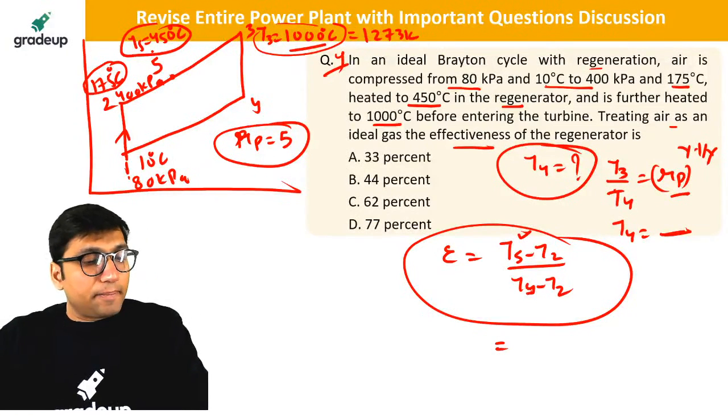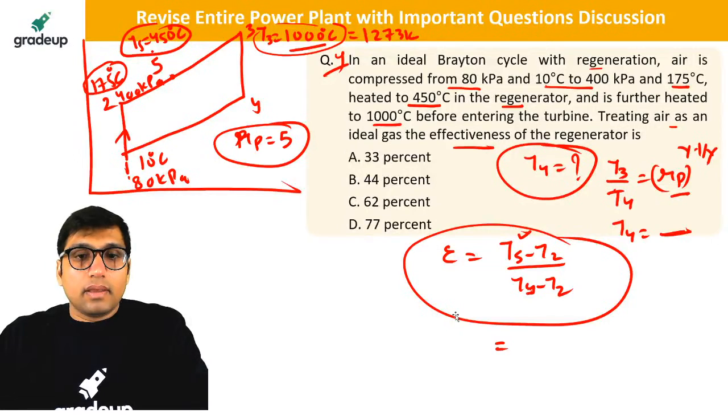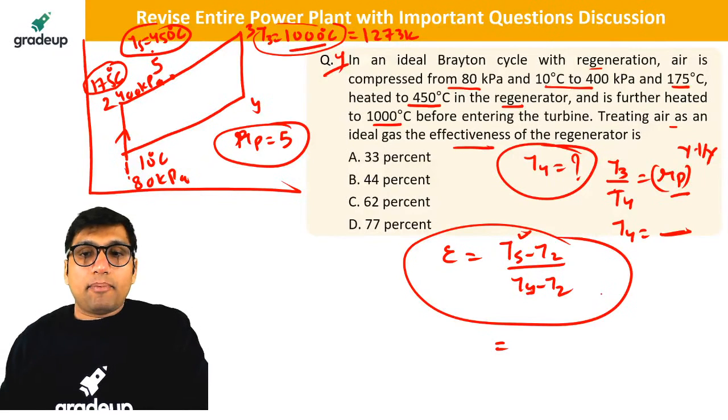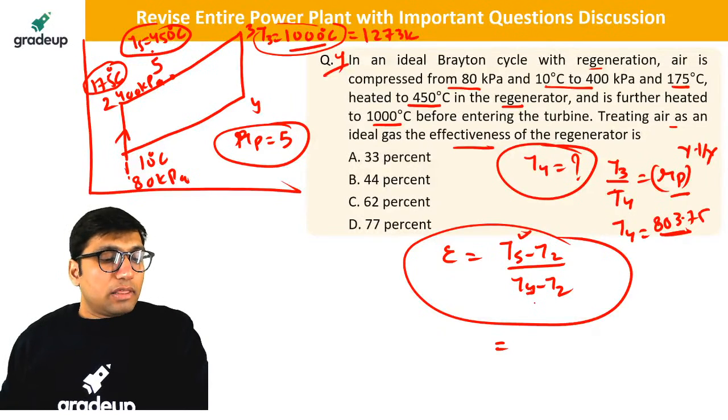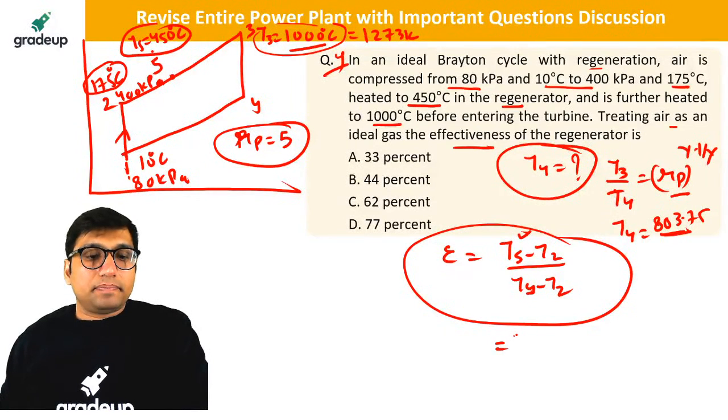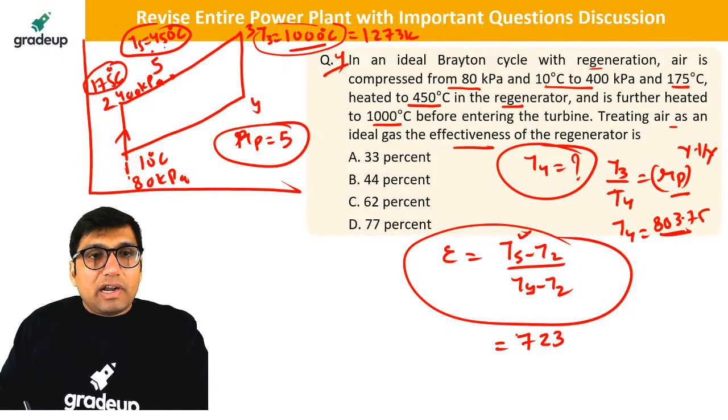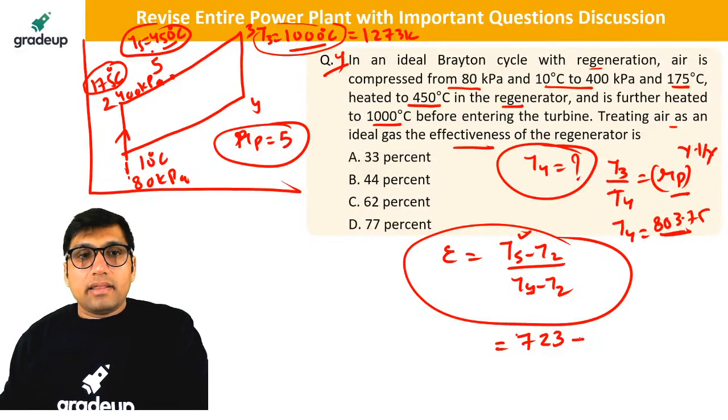Tell me the answer quickly. Come on, be quick. T4 will be 803.75. So just put the value. You'll be getting the answer as 723, because 450 degrees Celsius is 723, minus T2.